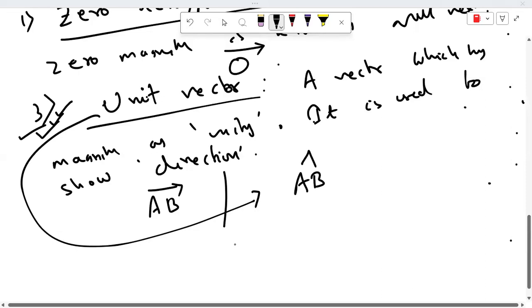I cap, J cap, K cap. Direction, X, Y, Z. And what is I cap, J cap, K cap? X, Y, and Z axis.